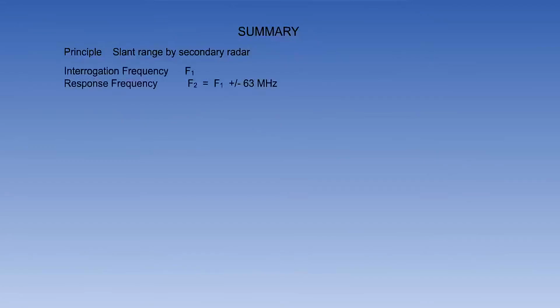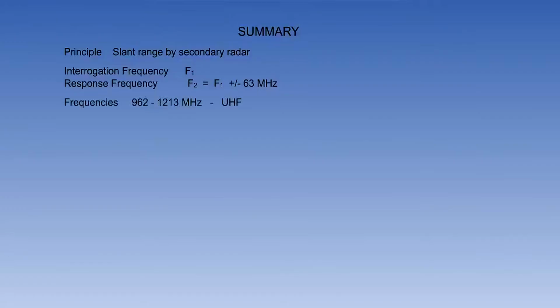Let's summarize this lesson. The principle of DME is that it measures slant range by secondary radar, that is, the transponder technique. The aircraft transmits on an interrogation frequency and the response frequency differs by 63 MHz.